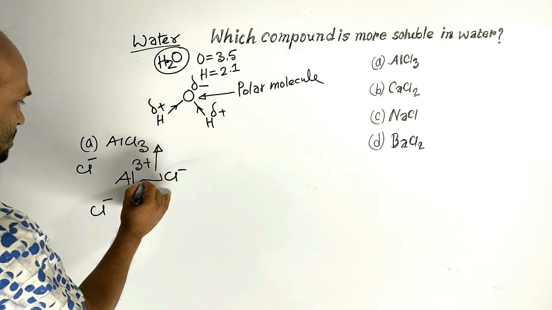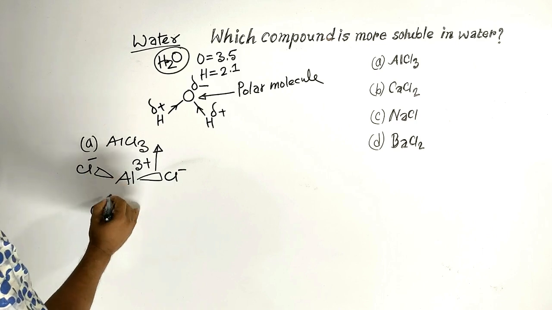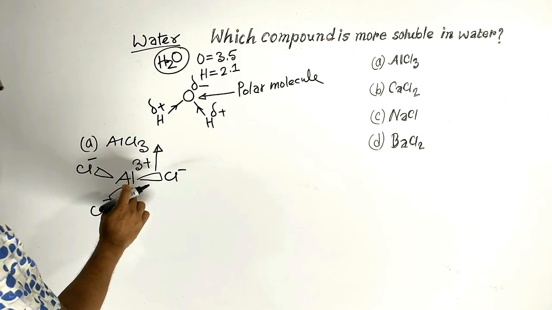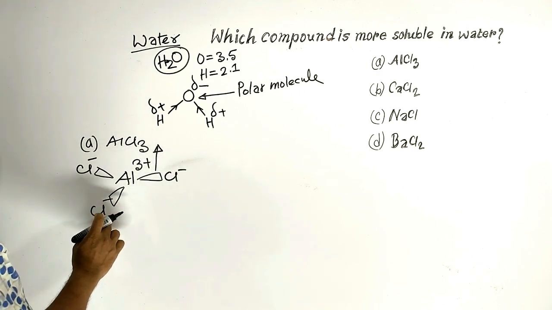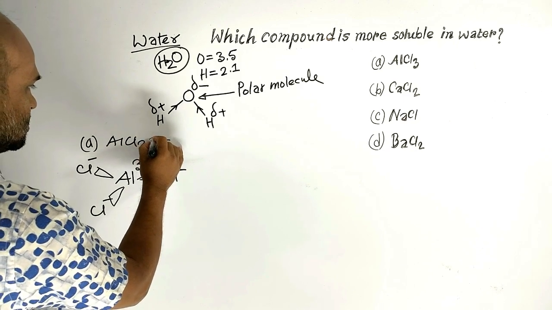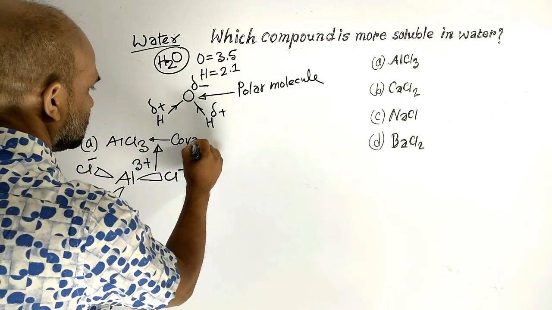So, polarization occurs. That is, the aluminum ion polarizes the chloride ions very highly. That is why aluminum chloride turns into covalent in nature.